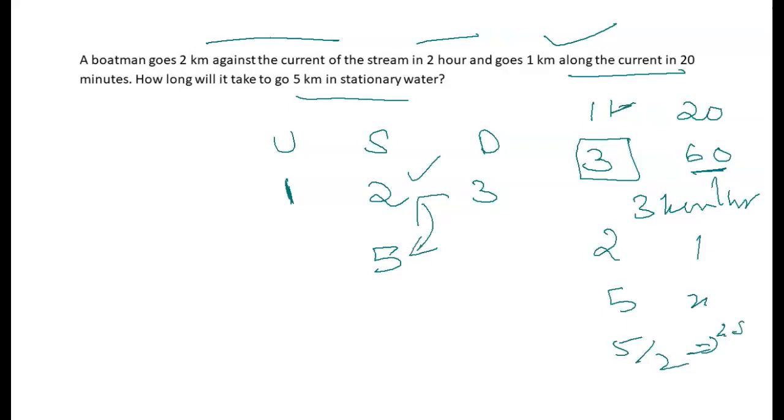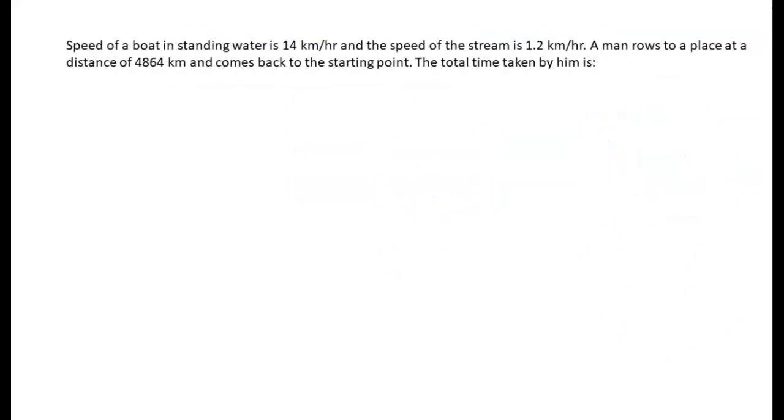Okay, good. Abhibul, Vashita, Vasifa, and Sanjit have answered. Next question. The speed of the boat in still water is 14 kilometers per hour. The speed of the stream is 1.2. A man rows to a place which is 4,864 kilometers away and comes back to the starting point.